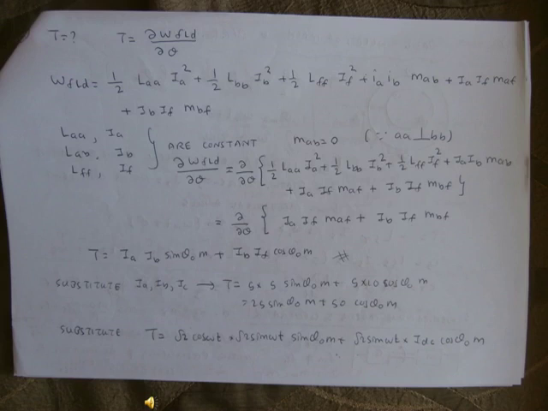So those things are given. In this case, L_AA, L_BB, L_FF are constants, and also M_AB is equal to 0 because AA is perpendicular to BB. Therefore, we substitute into del W_fld by del theta and get half L_AA I_A square plus half L_BB I_B square plus half L_FF I_F square plus I_A I_B M_AB plus I_A I_F M_AF plus I_B I_F M_BF.